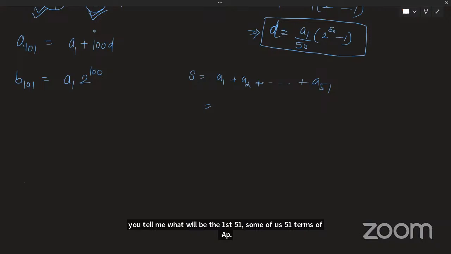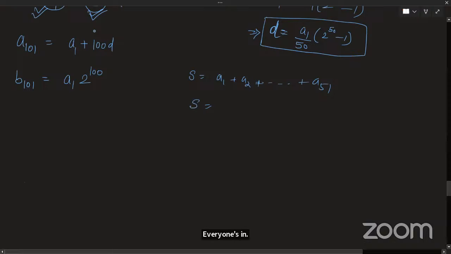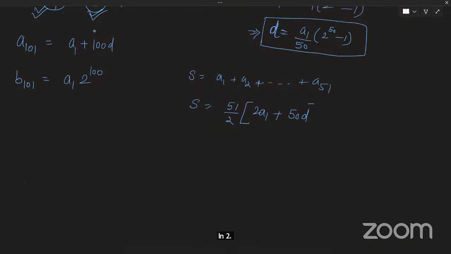What is the formula for the sum of first N terms of AP? N by 2 into 2A plus N minus 1 into D. What will you substitute in place of N? 51. So it is 51 by 2 into 2A1 plus 50D.